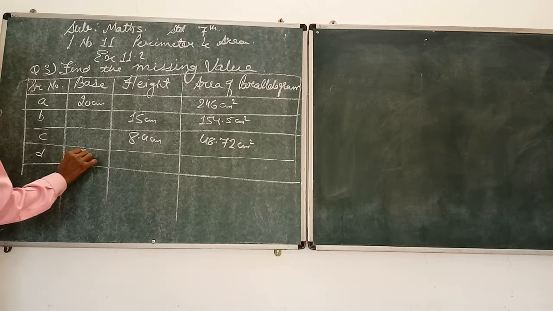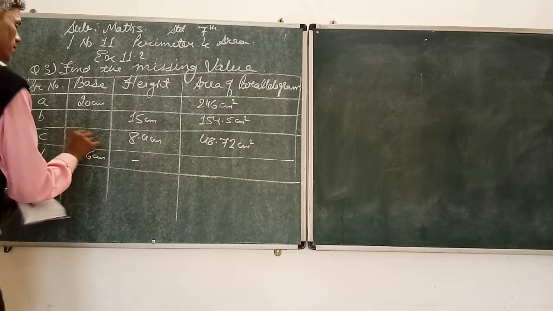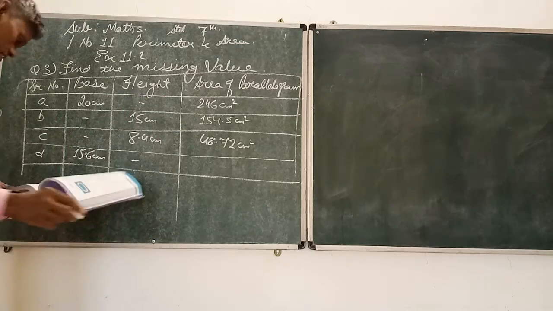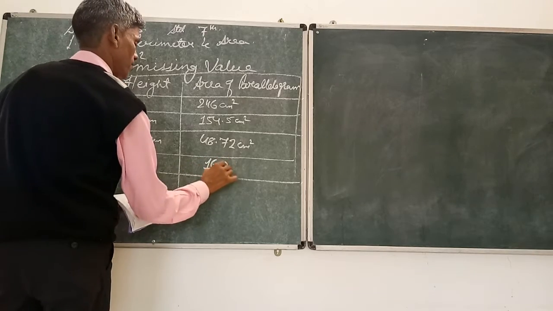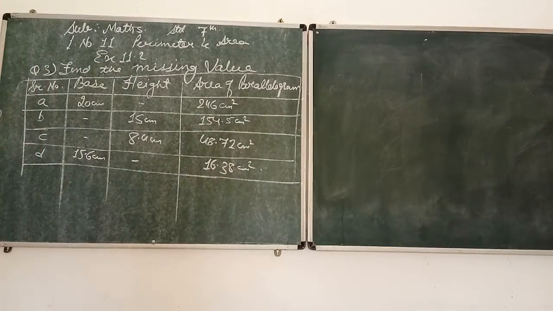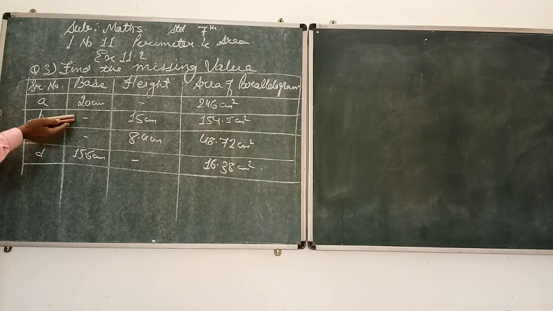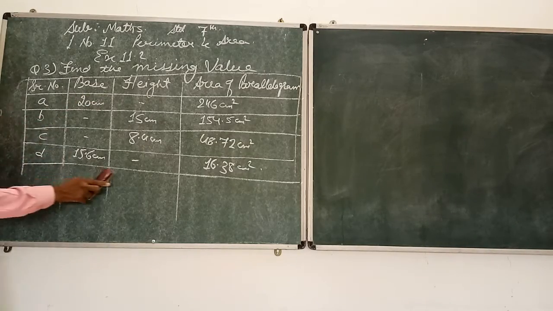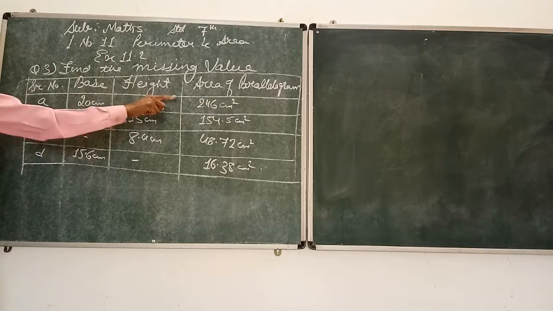Base is given 15.6 centimeter. Height is not given here, and 16.38 centimeter area is given. Here we have to find the missing value, such as here we have to find base is B1, height is A1. Now the first sum is like this.